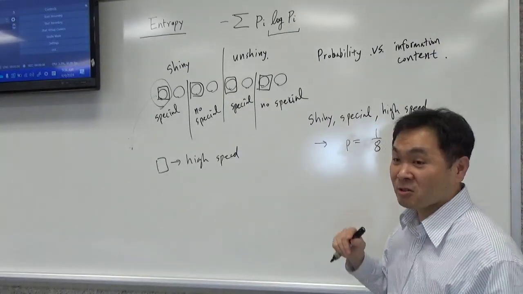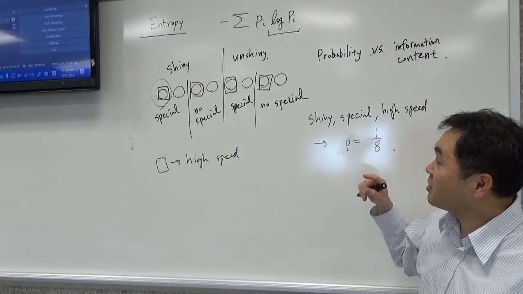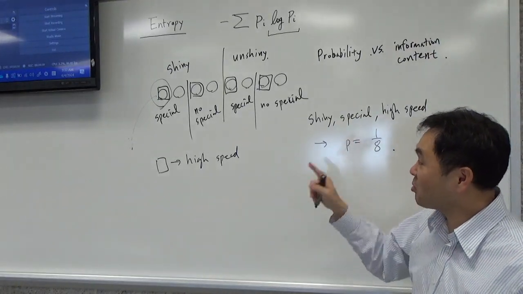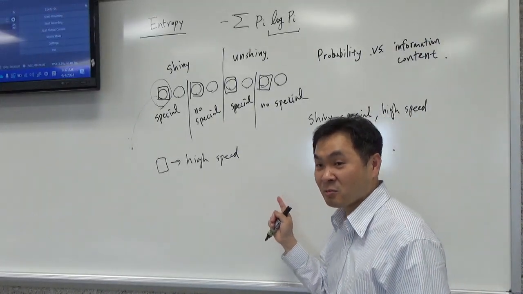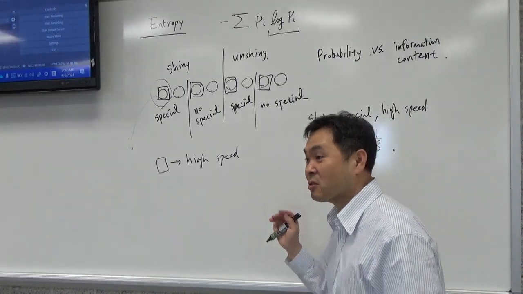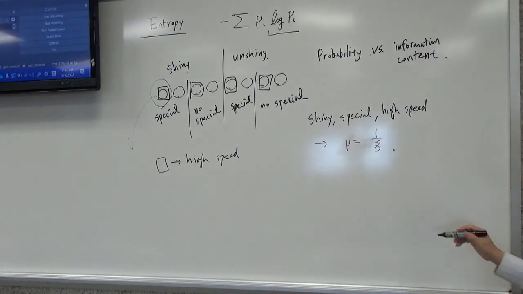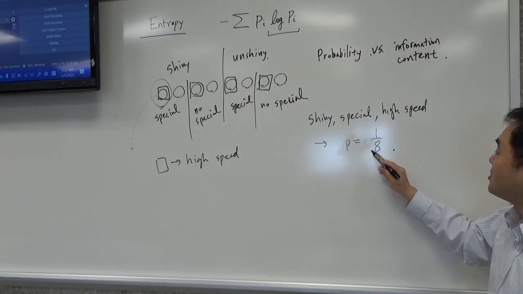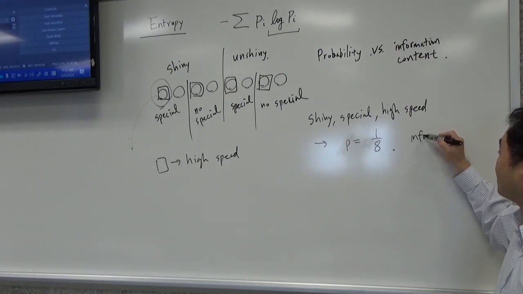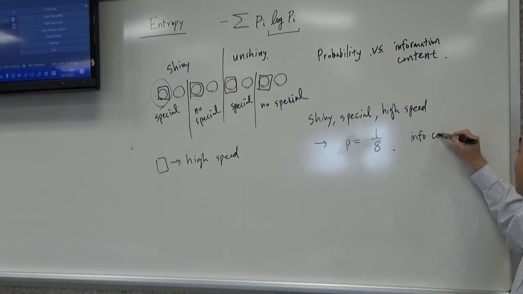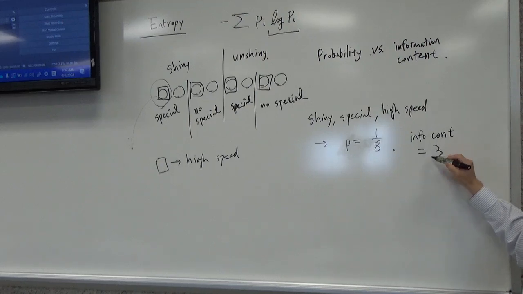Right here, it's going to give us whether it's shiny or unshiny, special or not special, high speed or not high speed. It's going to give you 3 information, right? So we see that while the probability is 1/8, the information content is equal to 3, right?